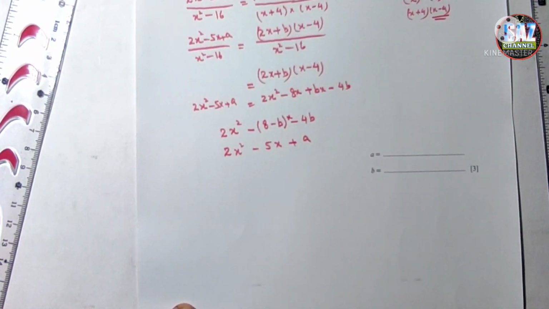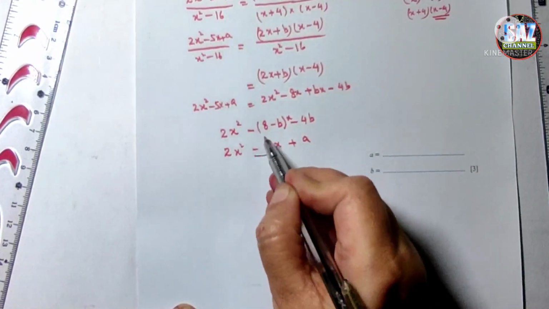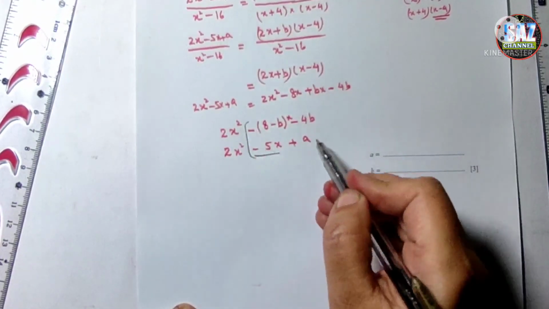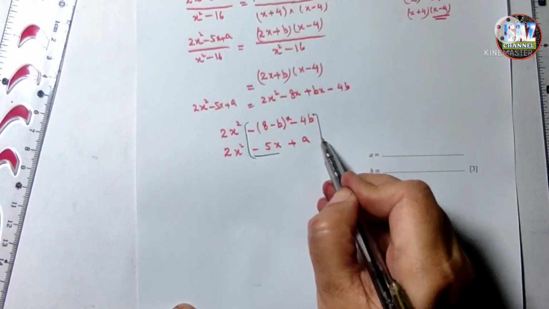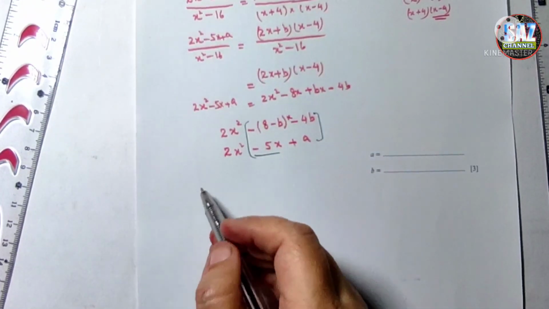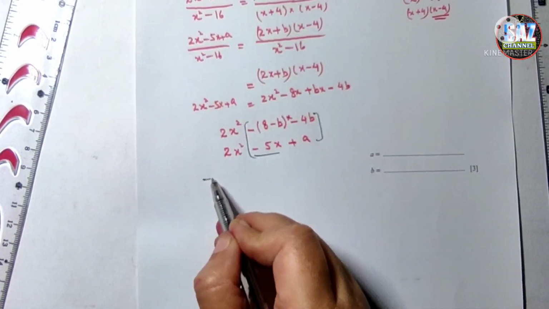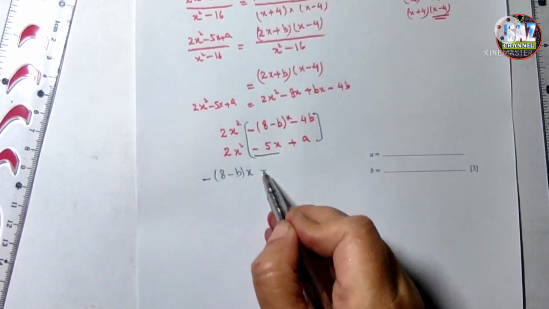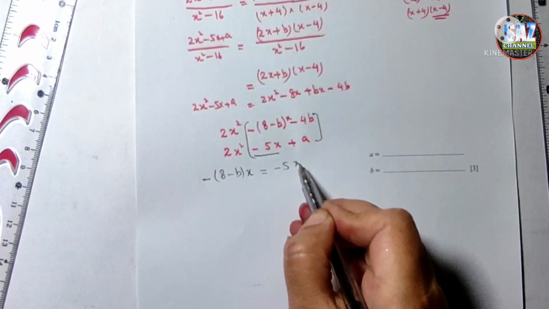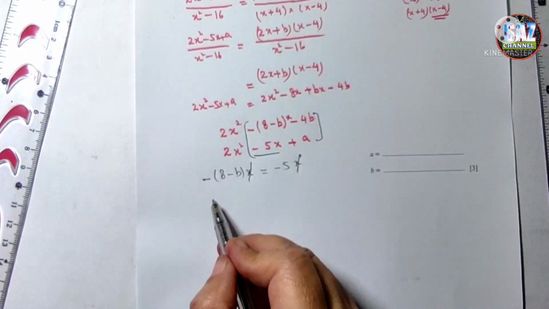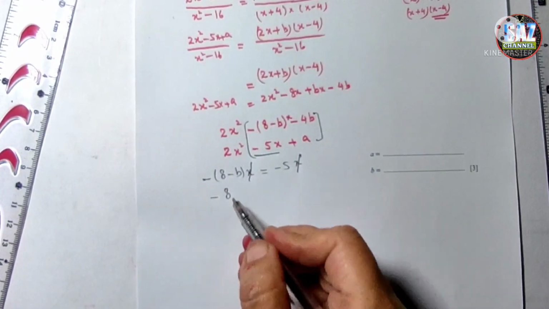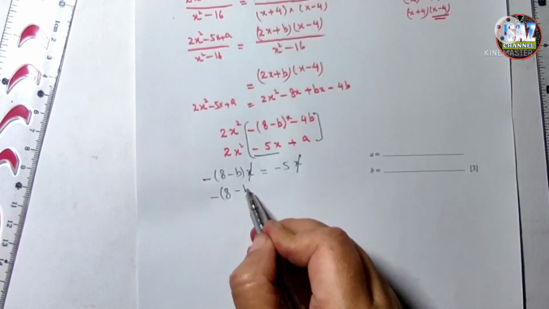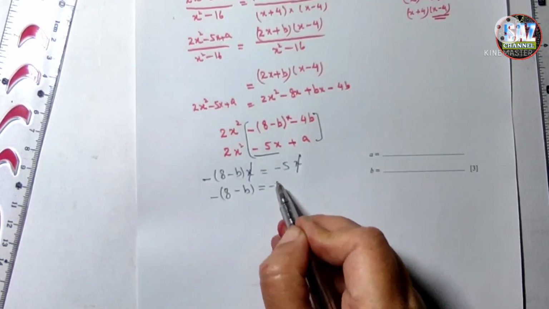Now students, focus on this part and on this part. Minus (8 minus b) into x equals minus 5x. x goes with x, and I will be left with minus 8 plus b equals minus 5.